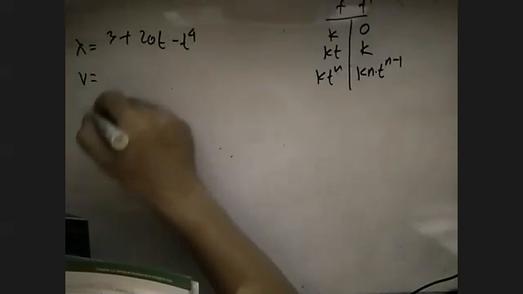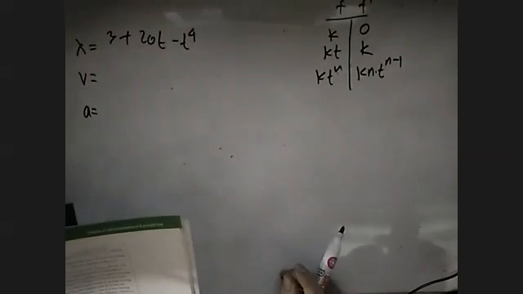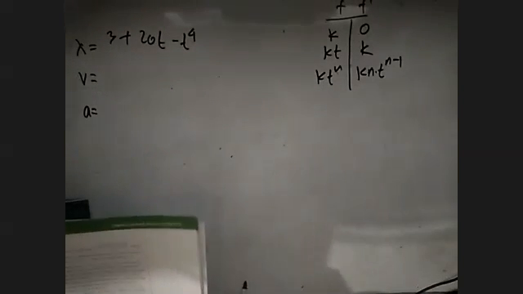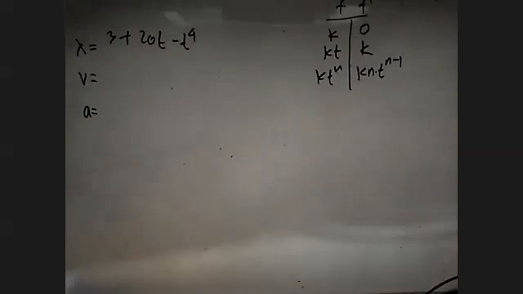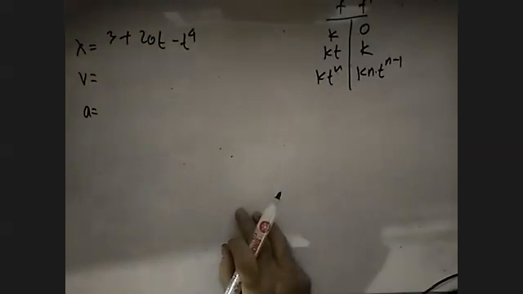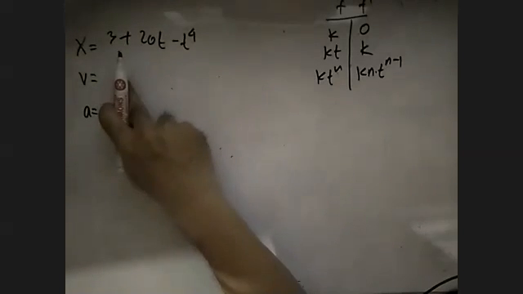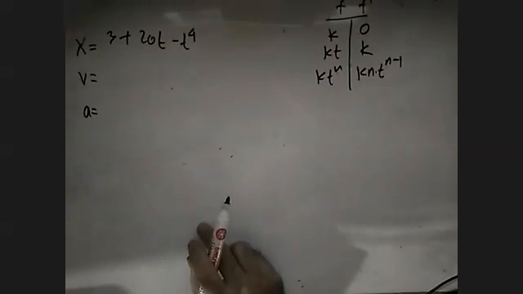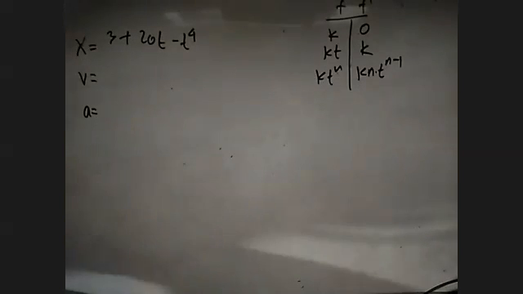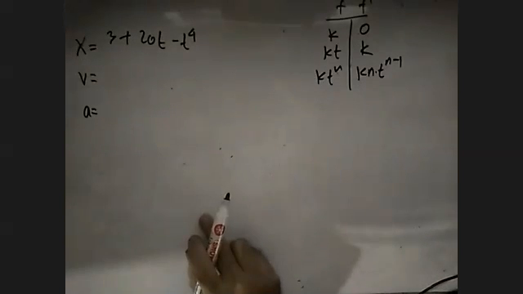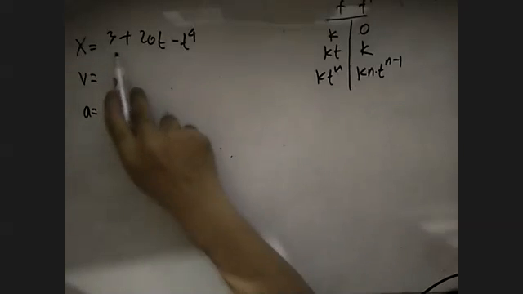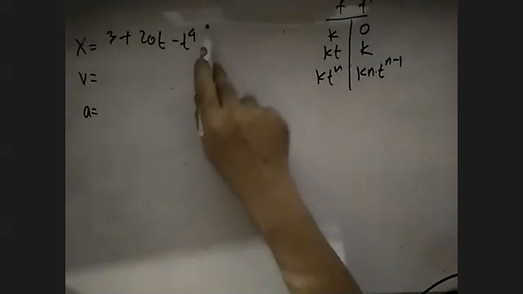What is v and what is a in terms of t? Now let's do it directly instead of term by term. I want you to do everything in one line here. Jenna, can you please find the formula for v? What is the differentiation of 3 plus 20t minus t power 4 directly?